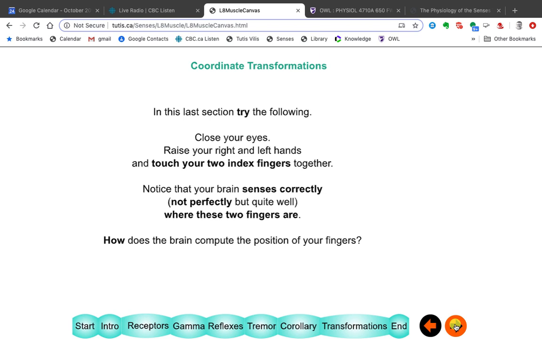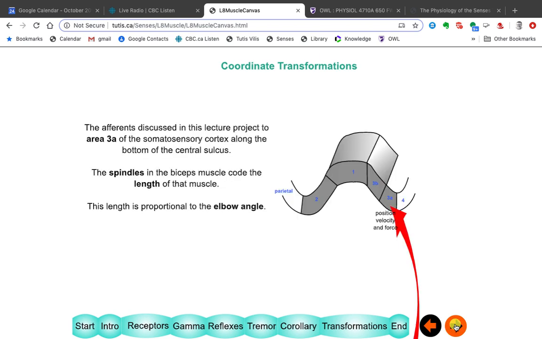Now, we talked about spindles and they tell you the position, but they tell you the position of each of the joints. And that signal goes to the 1A region, where you have a map of the entire body. And it tells, for example, how long your muscle is or how fast it's moving. And that gives you a signal.